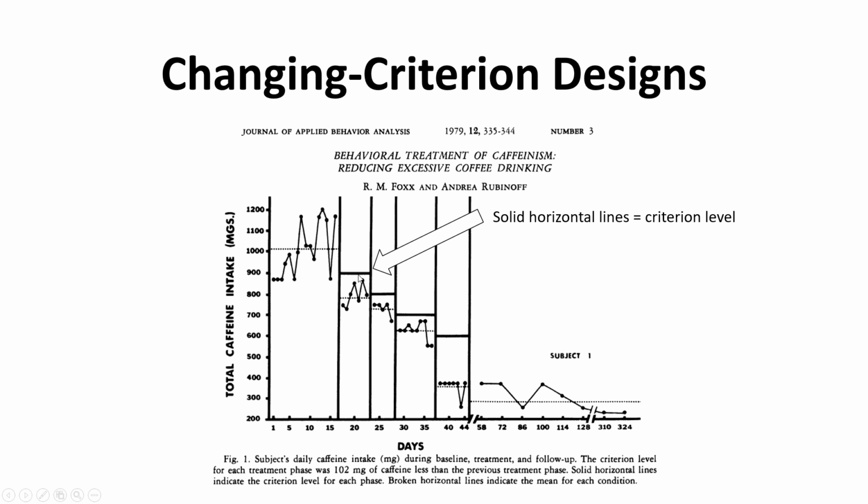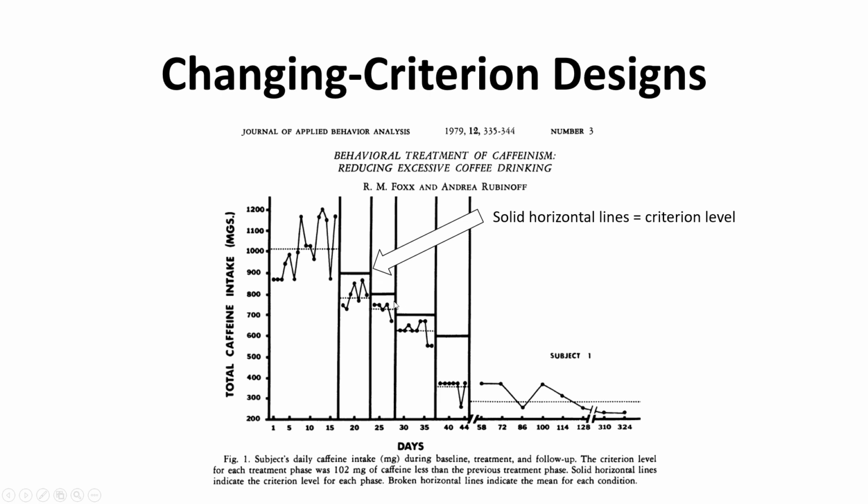And in this particular experiment, if they kept their caffeine consumption below that particular line, they could earn money that would be paid out at the end of the experiment. After that, once they've hit enough days below this particular criterion, then the goalpost moves down and moves down. And then they see if this change lines up specifically with when the goalpost changed.